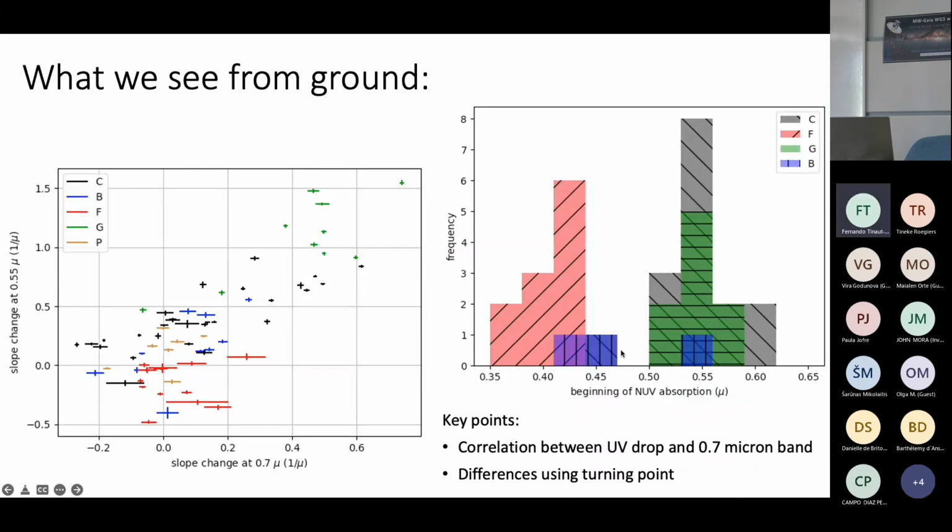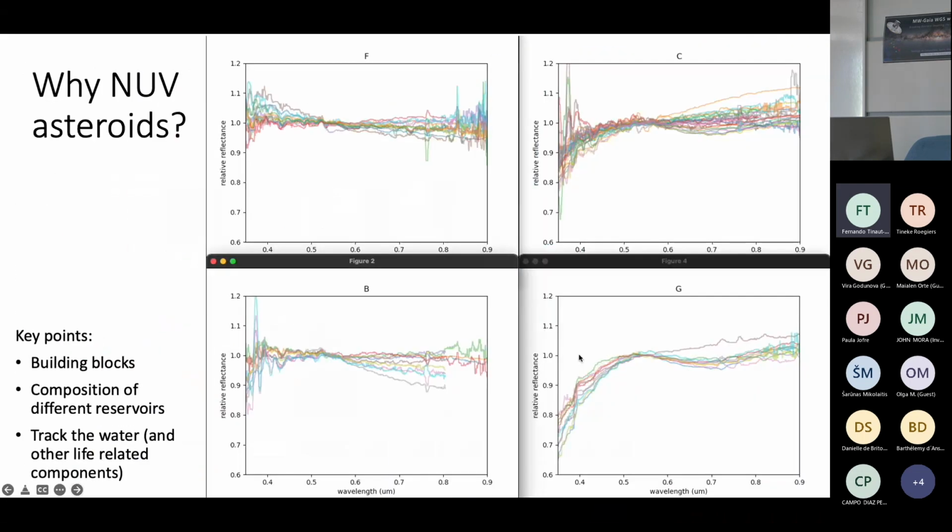Another new feature is that we have seen that the beginning of the near ultraviolet absorption has a different wavelength for different taxonomies. This is quite new, it's not published yet, but if you look in this noisy region, we can see how the F types begin the drop.